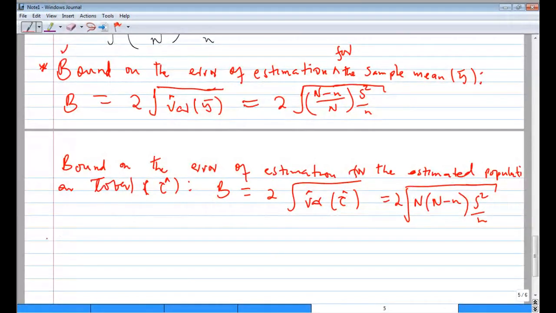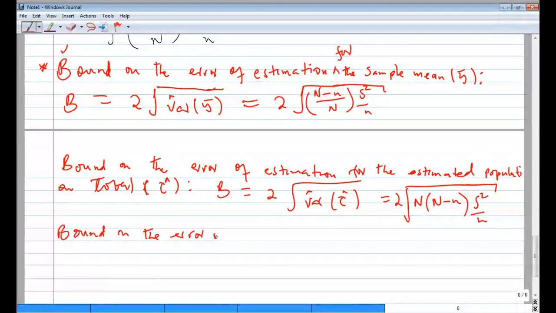Now this one, like I said, is a bound on the error of estimation for the population mean.